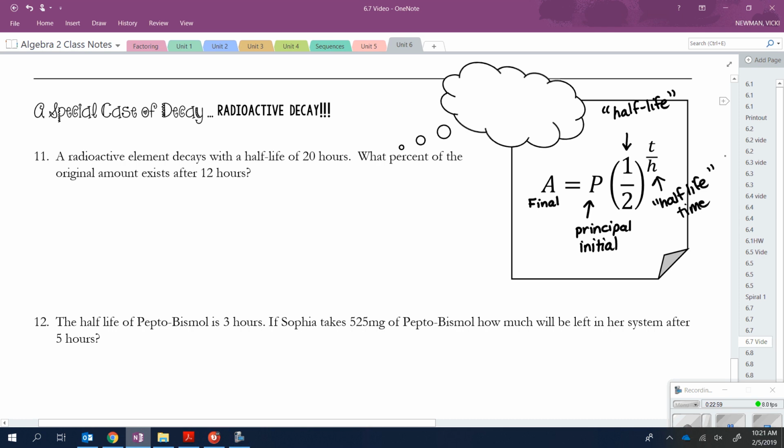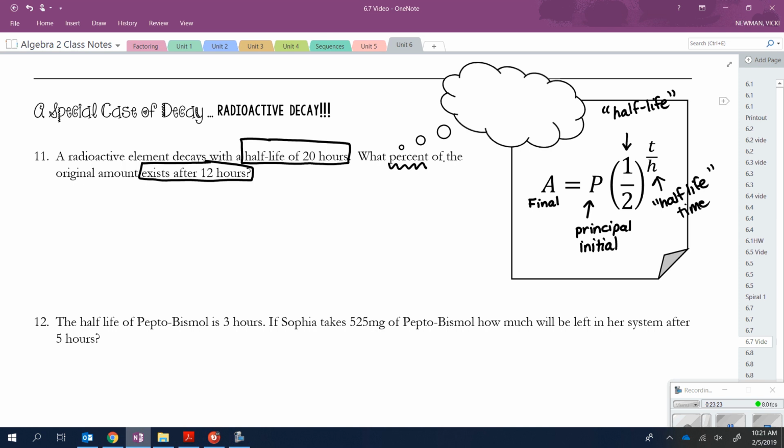A radioactive element decays with a half-life of 20 hours. What percent of the original amount exists after 12 hours? Did they give me an initial amount or a final amount? What word do I have a bubble near? Percent. When you're calculating percent, what number is easiest to work with? 100. So, use 100.